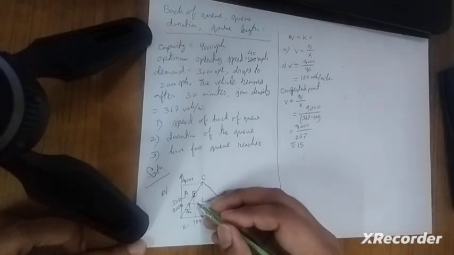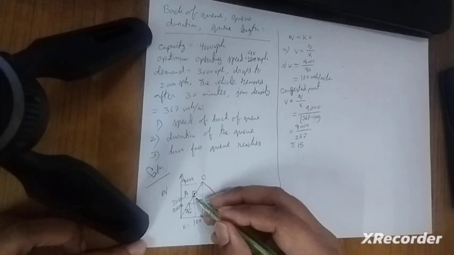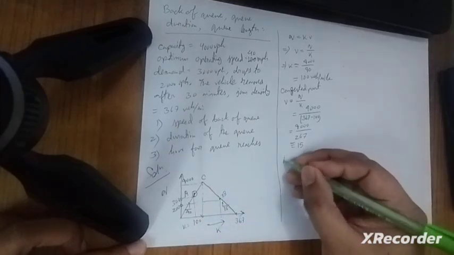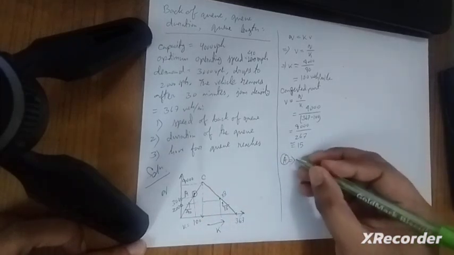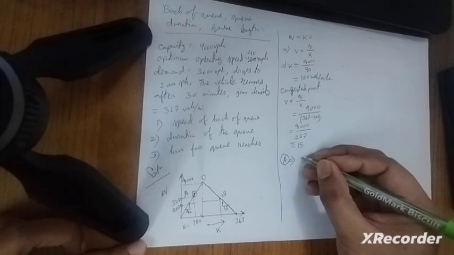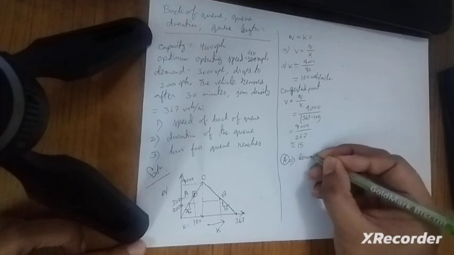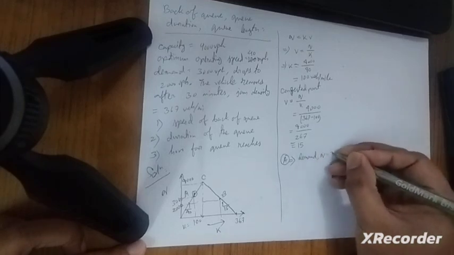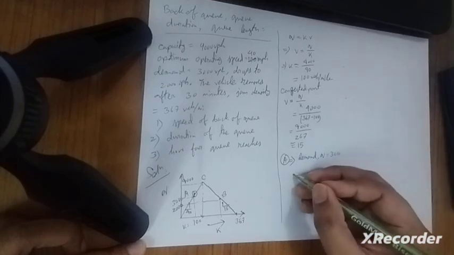Now we calculate at A. Our demand Q is 3,000 and we have to calculate the density.